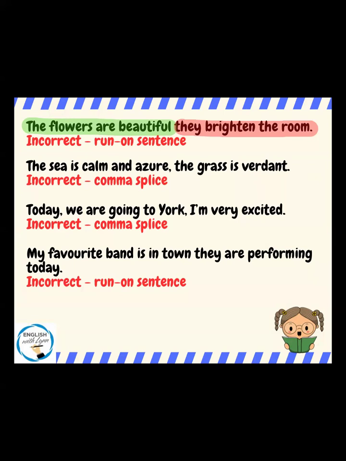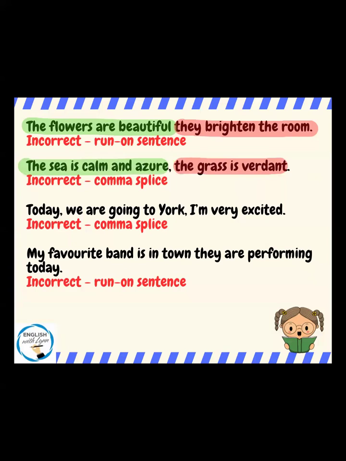Okay. The next one is a slightly different mistake. It's called a comma splice. And you've got your first main clause here about the sea. And then I have linked it to my next main clause about the grass, but I have used a comma instead of another method of linking the two sentences. The third one, I can spot the comma, so it must be a comma splice.